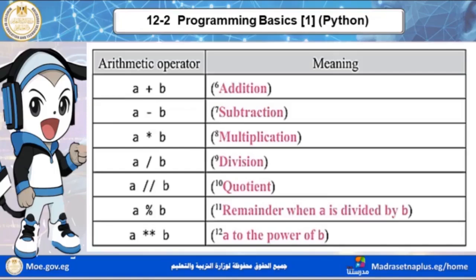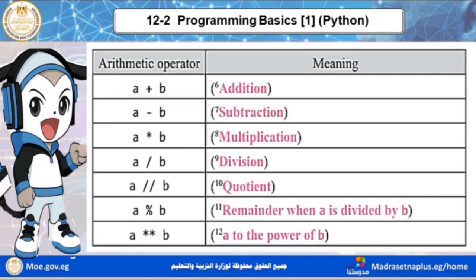A / B, here we have the normal division, which can result in a number with a fraction, a number with a part of it. For example, 6 divided by 4 gives 1.5.